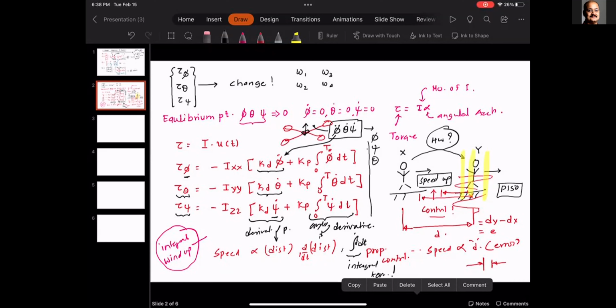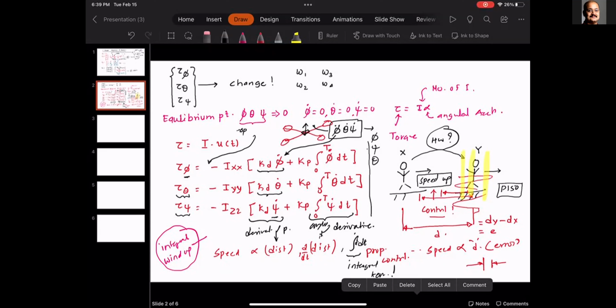And in this quadcopter example, some of our students just asked why the minus. The reason for the minus is that initially the aircraft is at 0 pitch, 0 roll, and 0 yaw. If there is a disturbance that is causing the aircraft to roll up, pitch up, roll down, I want to apply the torque which is opposite of the disturbance. So this negative sign is because I want to stabilize.